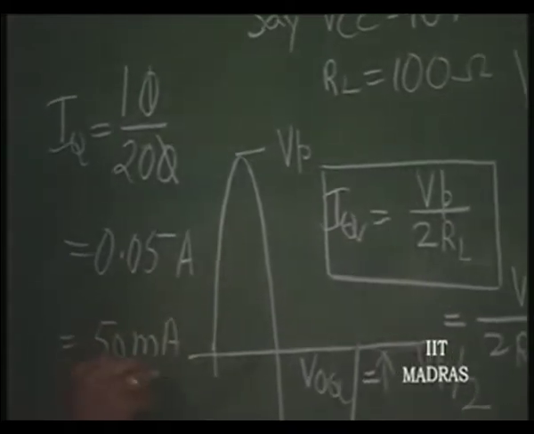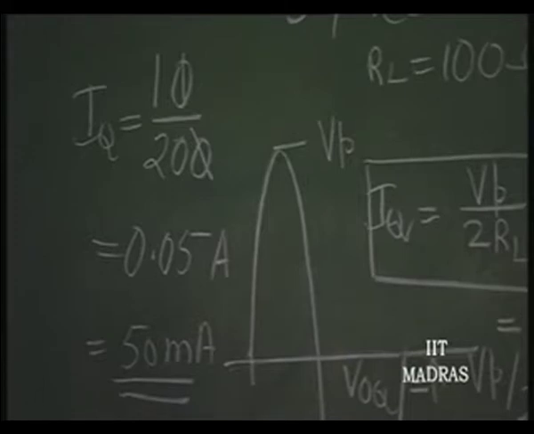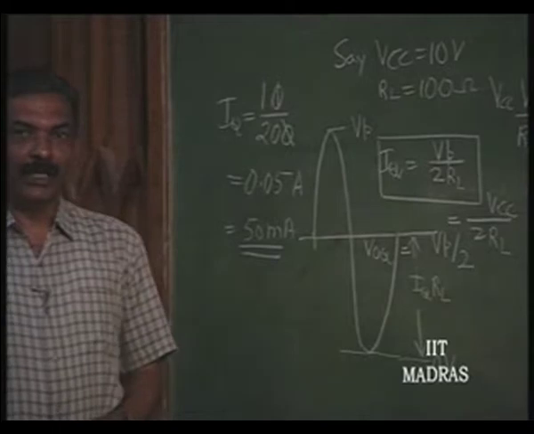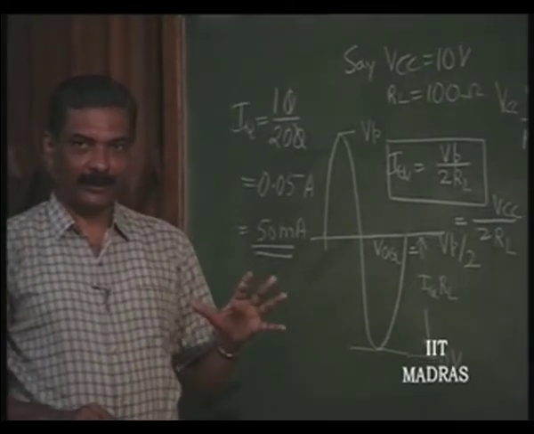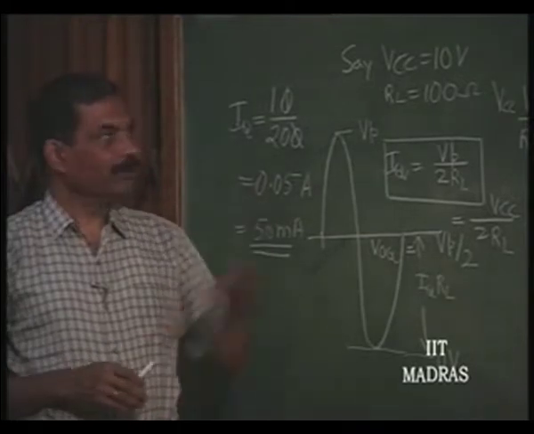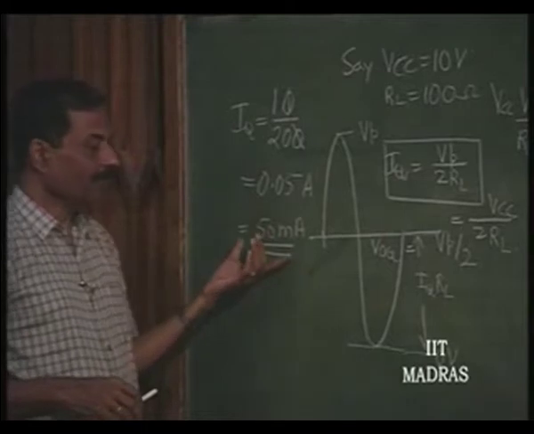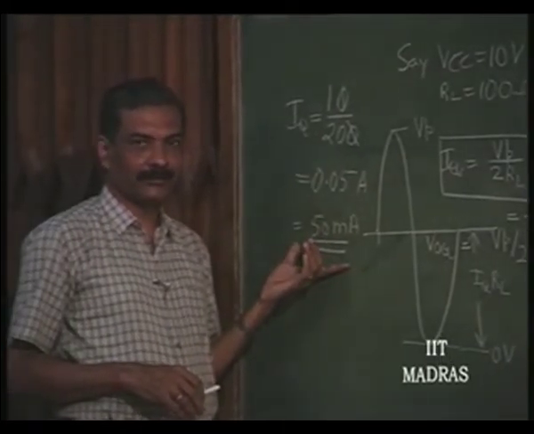Now, you can see the kind of operating current I should have just for this load of 100 ohms with supply voltage of 10 volts in order to have symmetric swing going all the way up to half the value, that is 5 volts. I have to have operating current of 50 milliamperes.